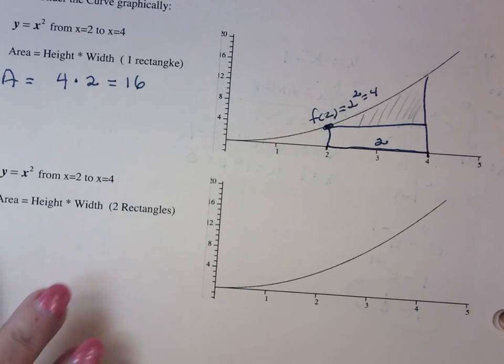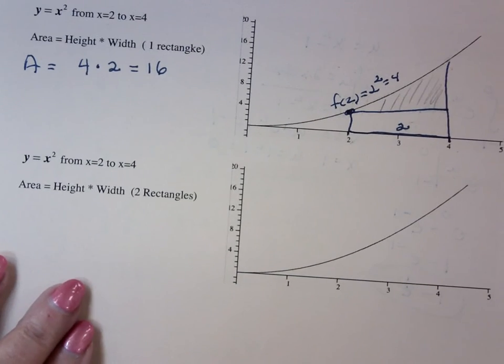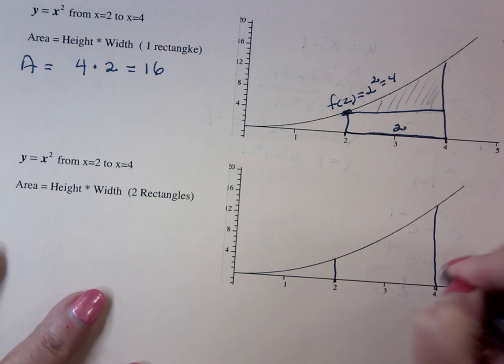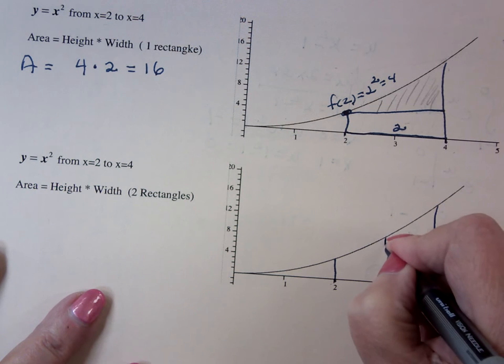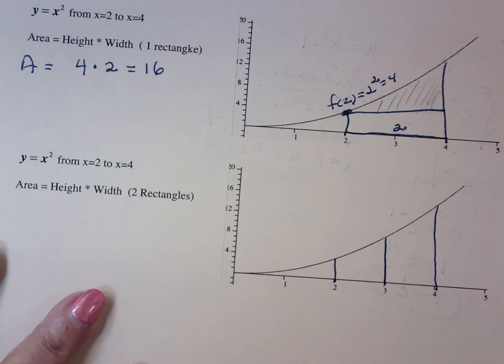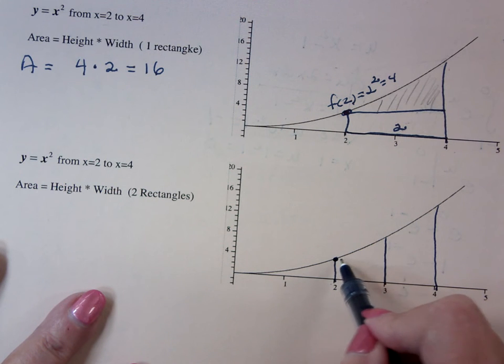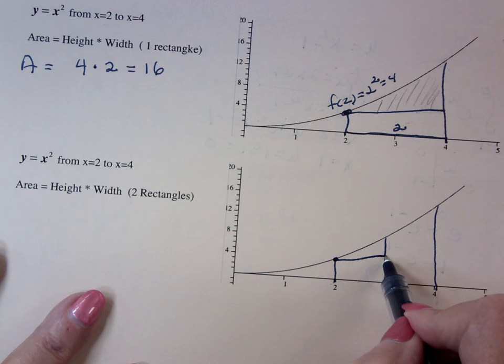Well, what if instead what I wanted to do is do 2 rectangles instead? So how would I work that? Well, if I'm going between 2 and 4, I would divide between 2 and 4 and just divide it in half. That would be my 2 rectangles. So that says that if I'm coming from the inside, come up, hit the curve, come straight over.